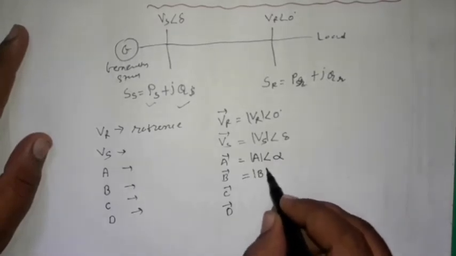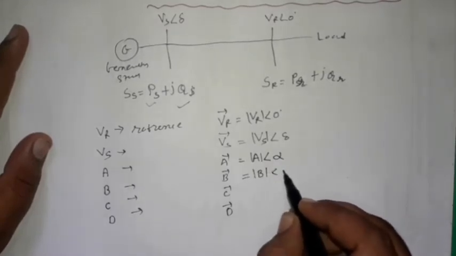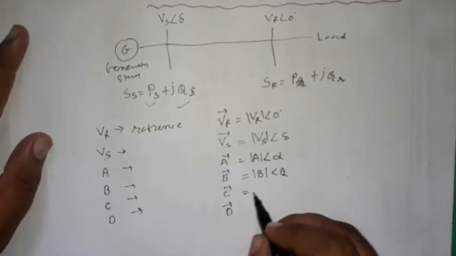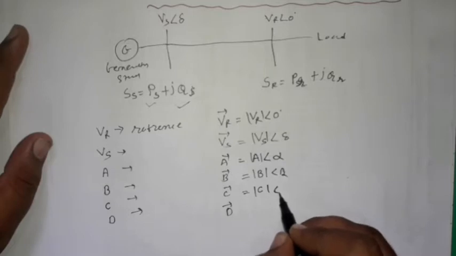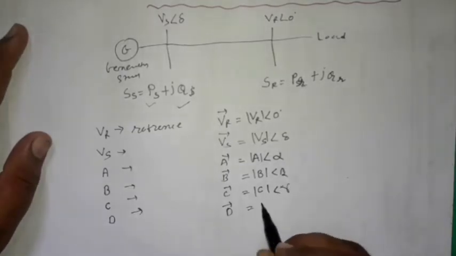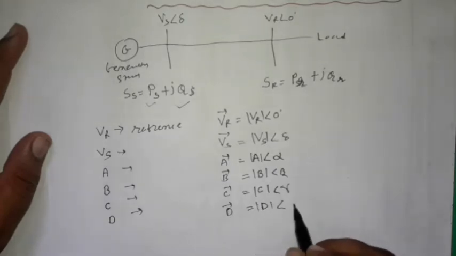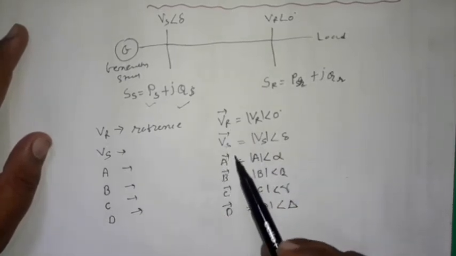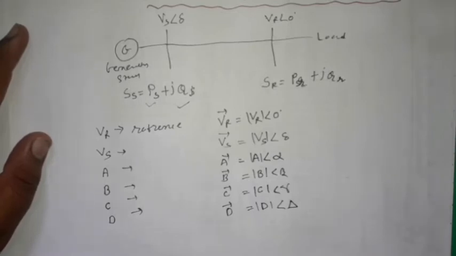Now for B we take the angle beta. For C we take the angle gamma, and for D we take the angle capital delta. Now here are the values for our receiving end voltage, sending end voltage and our transmission line constants.